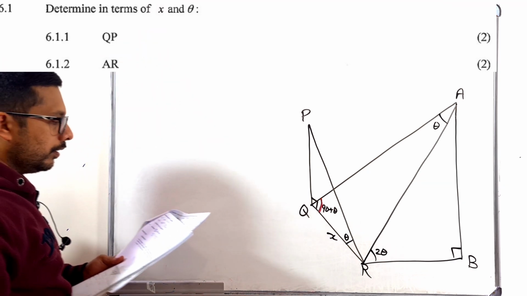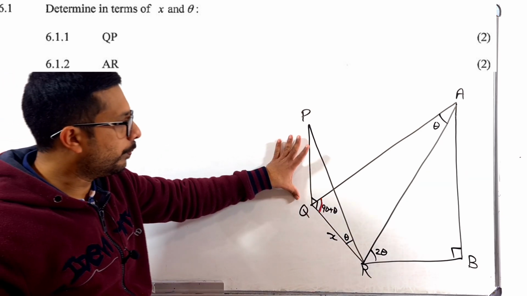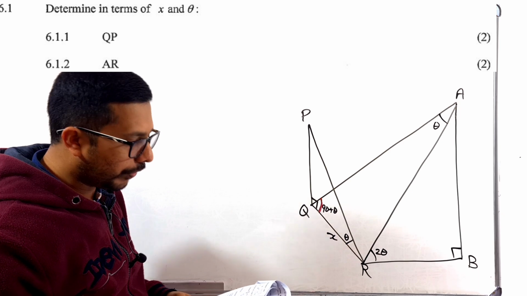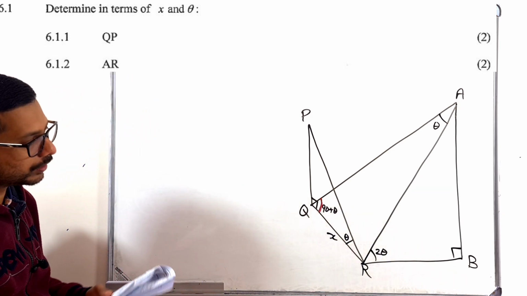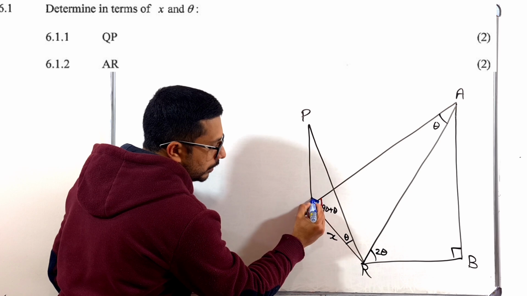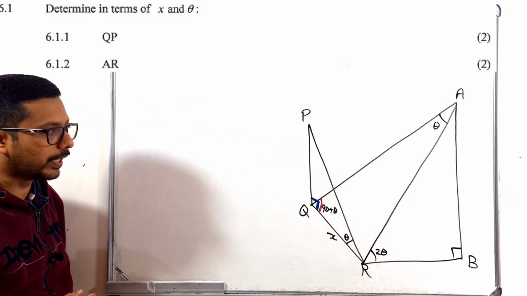6.1.1 QP. You have to find the length of this QP in terms of x and theta. So how can you find the length of QP? So have you seen this one? This is 90 degrees. This angle it is given. Look at your question paper. That angle is 90 degrees.